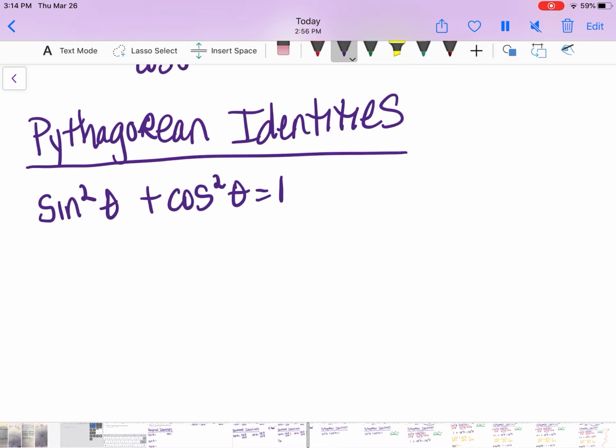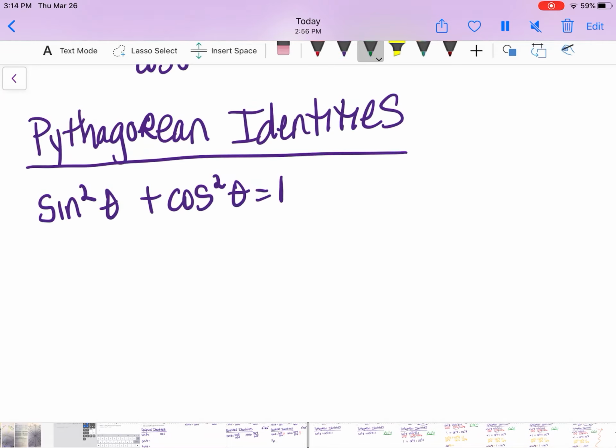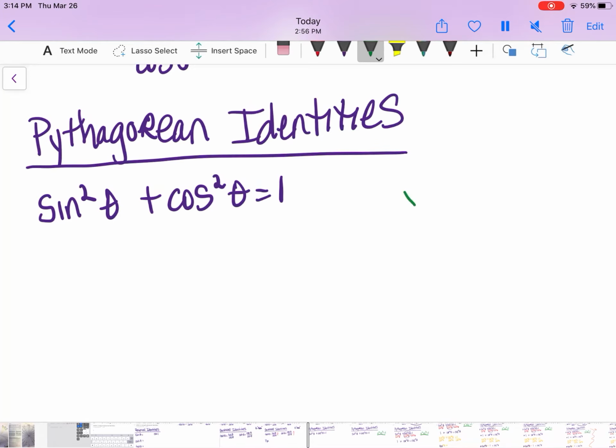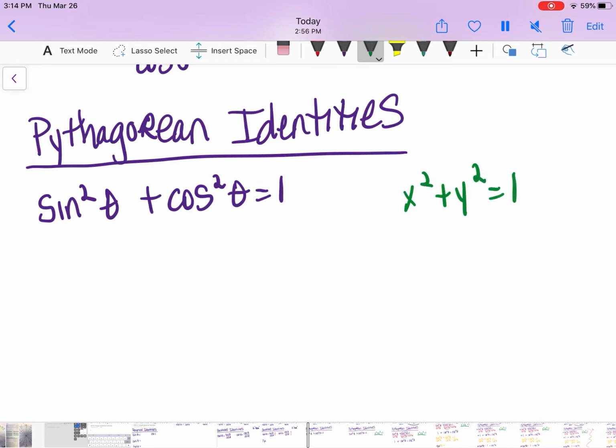Now, this first one is actually derived from our formula for the unit circle. So do you remember when we were making our plate circle? I had you all turn it over and we wrote out the equation for that circle. Our equation for the circle was x squared plus y squared equals 1.